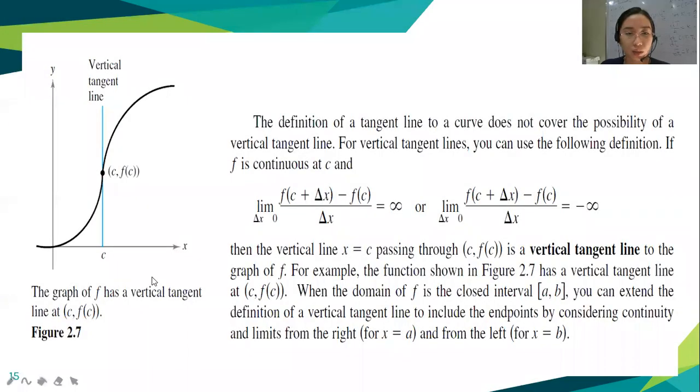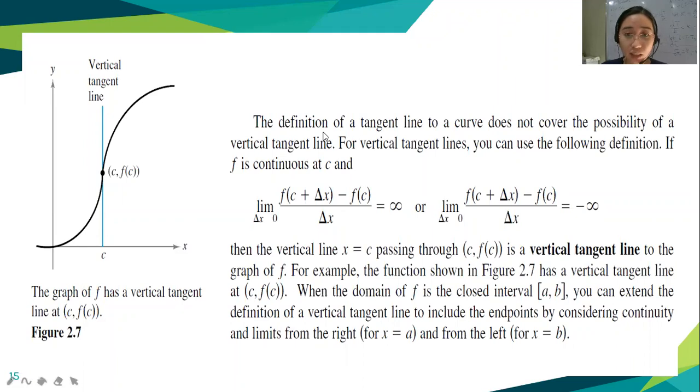Okay? So that is the general formula. Now if we encounter a vertical tangent line along our curve, the definition of the tangent line to a curve does not cover the possibility of a vertical tangent line.